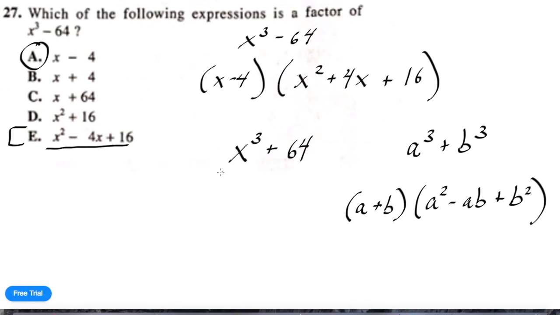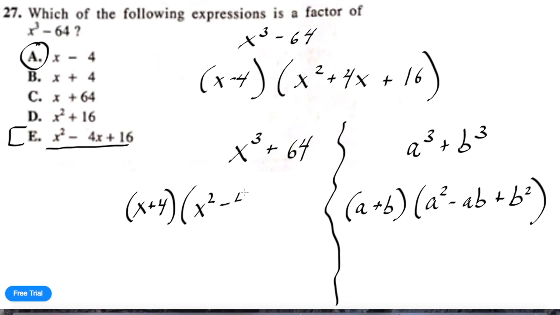So, if we factored out the sum of x cubed plus 64, we'll do our little barrier here again, that might be written as x plus 4 times x squared minus 4x plus 16. And lo and behold, that's answer choice E, of course.